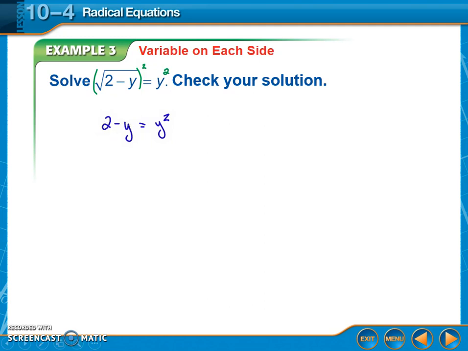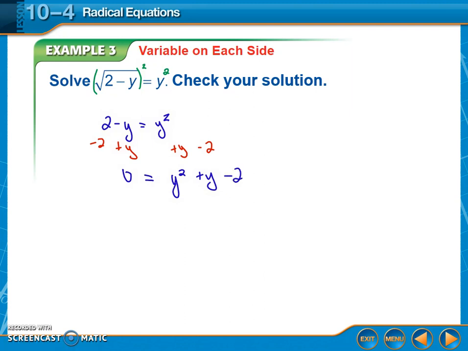When we had those, we always wanted to get the variables all on one side. So I'm going to add y to both sides and subtract 2 from both sides, and I get 0 equals y squared plus y minus 2.